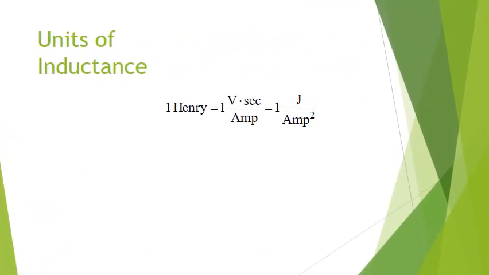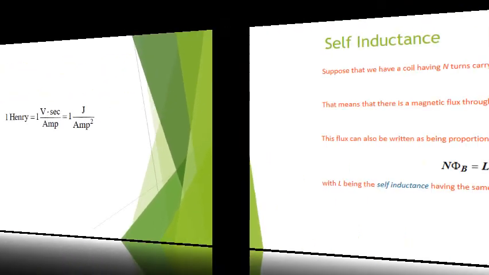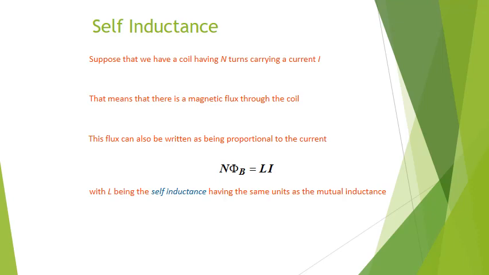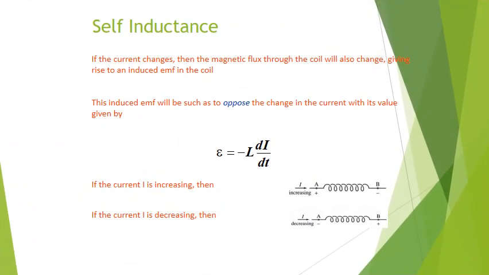Inductance can be expressed in terms of joule per ampere squared. Similarly, self-inductance, which is induced in the coil itself, is given by NΦB equals L I. L is the self-inductance of the coil, where the induced EMF e equals minus L dI by dt.